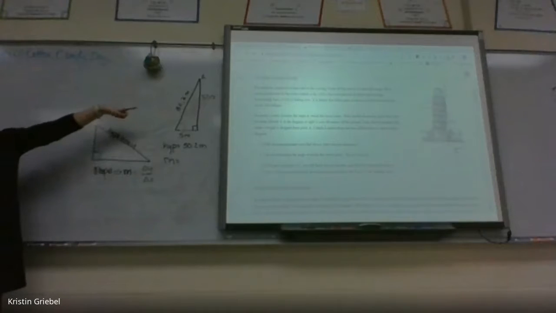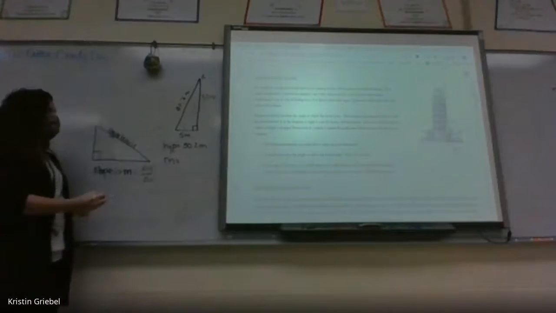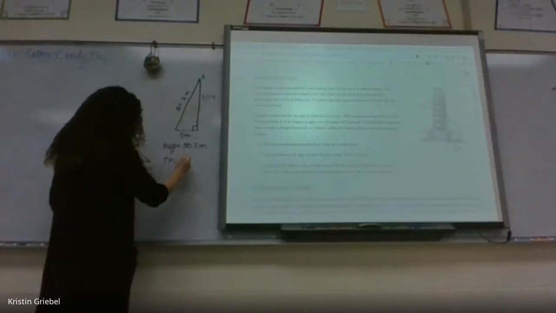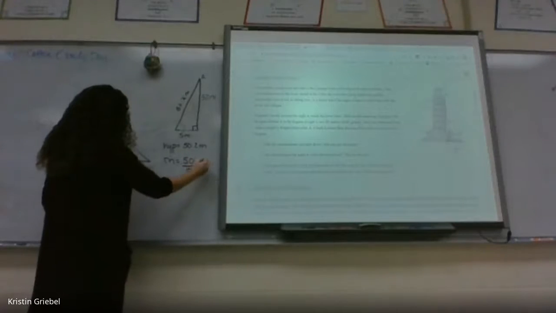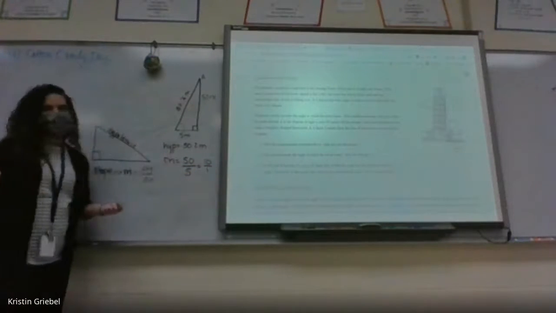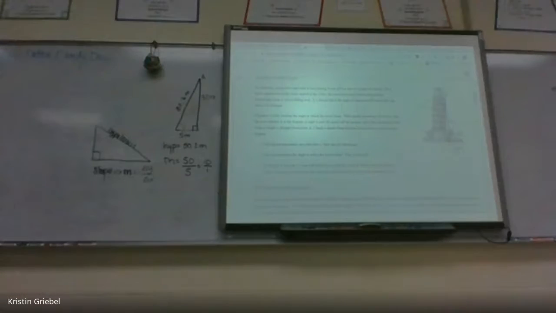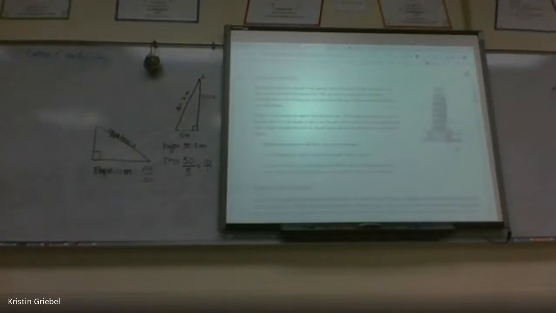So which value is our y value? Right, the 50, because y is up and down. What's our x value? 5. So our slope is 50 over 5, 10 over 1, or it turns out to be 10. So you could say it's a positive slope of 10, or 10 over 1, whatever floats your boat.